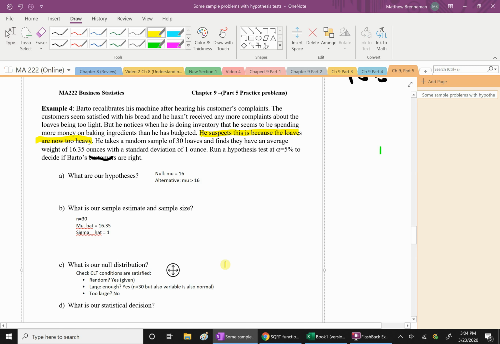So now that the central limit theorem is satisfied, we know what estimators look like if the null hypothesis is true. So the null distribution is the distribution of the estimators if the null hypothesis is true.